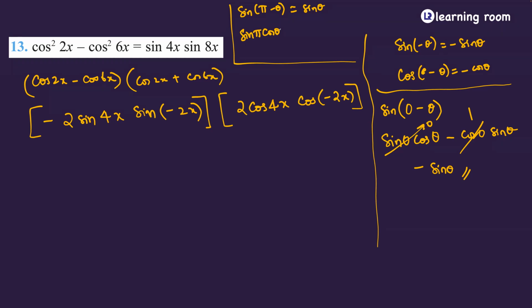But if you get stuck, sine A cos B minus cos A sin B. Sin pi is 0. Cos pi is minus 1. So minus 1 into minus 1 is plus 1. Plus 1 into sin theta. This is just another logic that we can use to understand anything. So if you get stuck, you can solve any problem using those 4 identities.